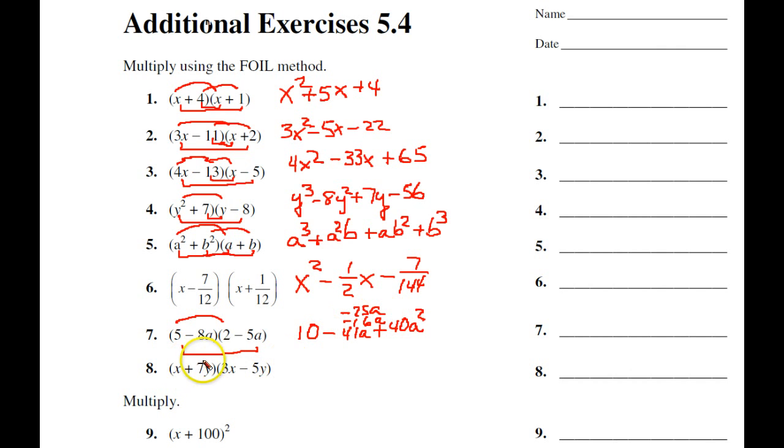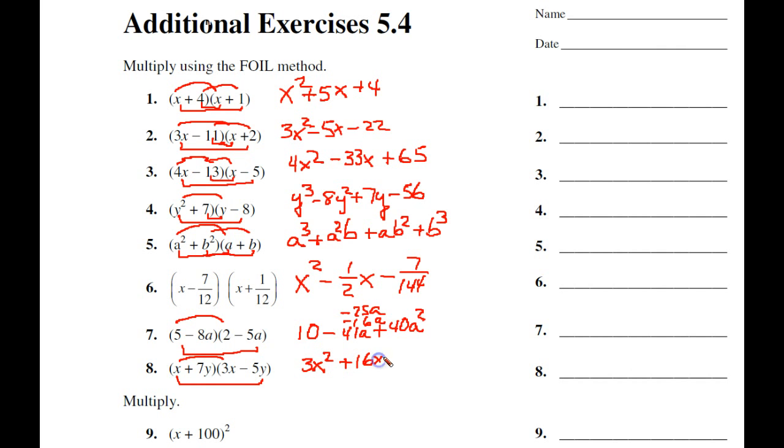Okay, we're going to FOIL this. Notice they added another letter. Still not a problem. That's going to be 3x squared. Now my outers are a negative 5. My inners a positive 21. So that looks like a positive 16.